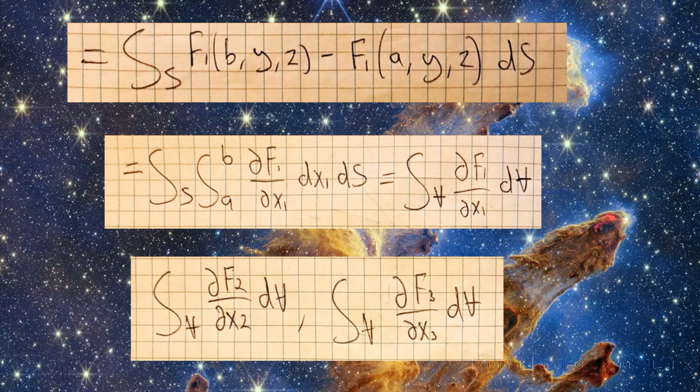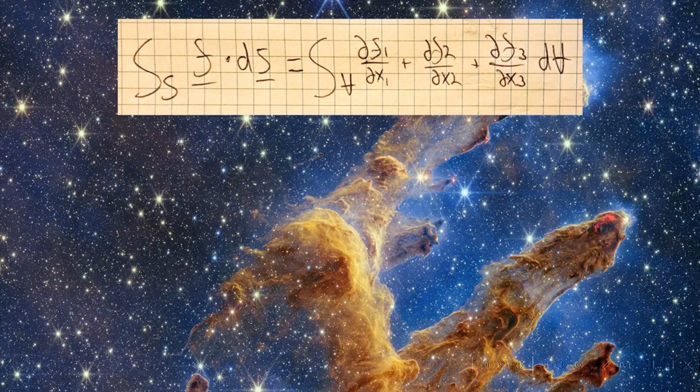And the same results can be obtained in the second and third directions using the same method. So then what we end up with is that the surface integral of this vector function f is equal to the volume integral of this volume that has this surface in the three directions.